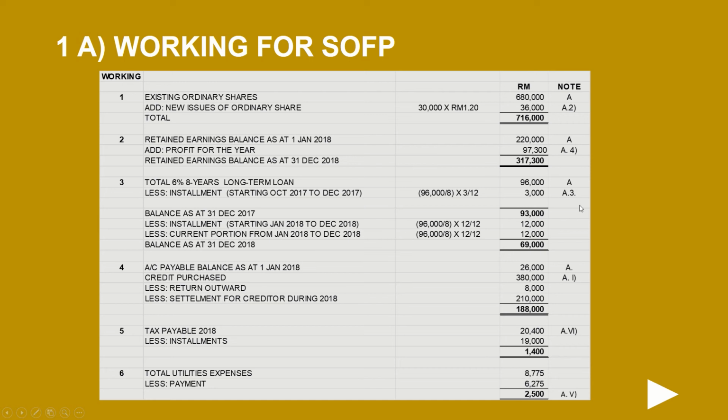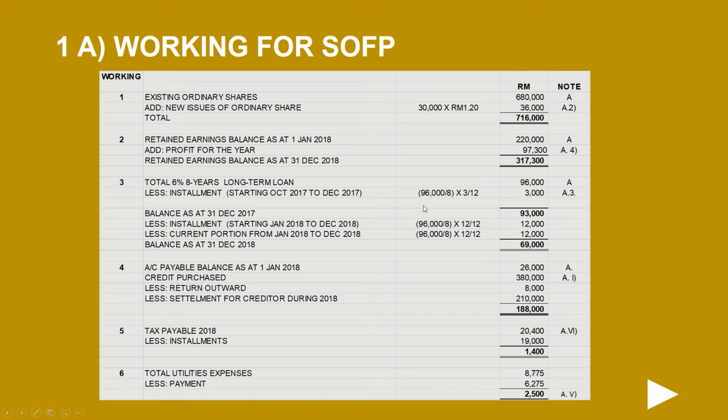You can refer to additional information 3, which stated that even though the loan was obtained on 2nd September 2017, the payment was made only on 1st October 2017. Therefore, you start to calculate the installments from October: October, November, December. Therefore, 3 months.